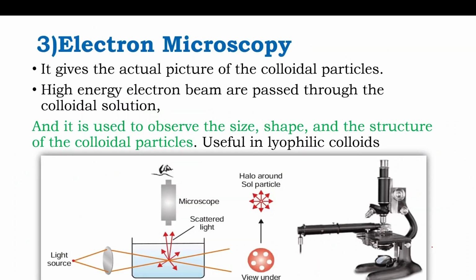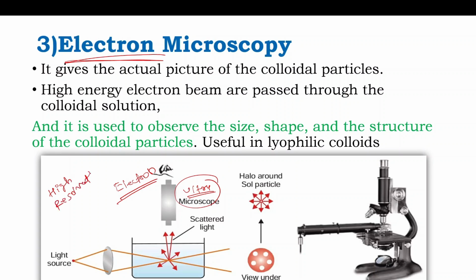Then next we move forward to electron microscopy. Same concept is there, only in place of the ultra microscope we use the electron microscope, and the only difference is the high resolution power of the electron microscope.